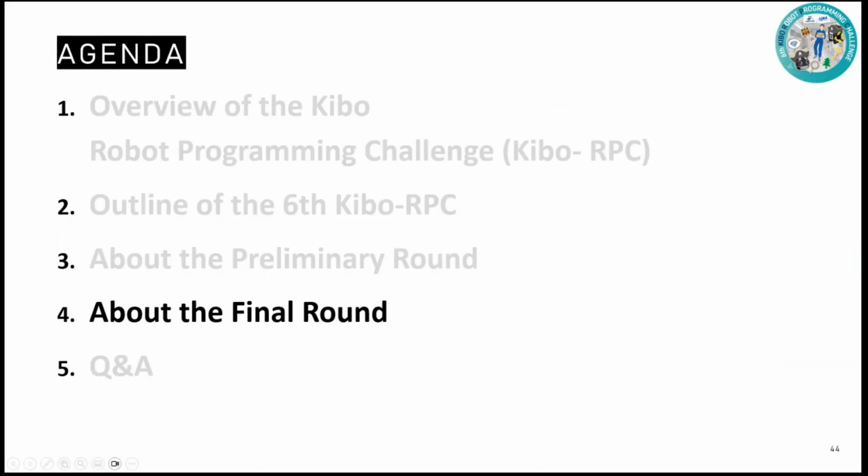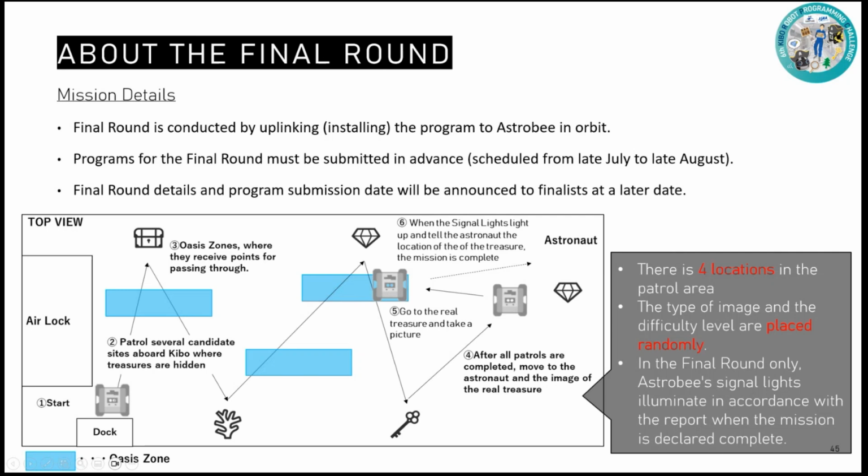Now I will explain how the final round will take place. The final round is conducted by installing the program to Astrobee in orbit on the ISS. Before that, it was a simulator, but for the final round, it will be really on the Astrobee in the ISS for real.